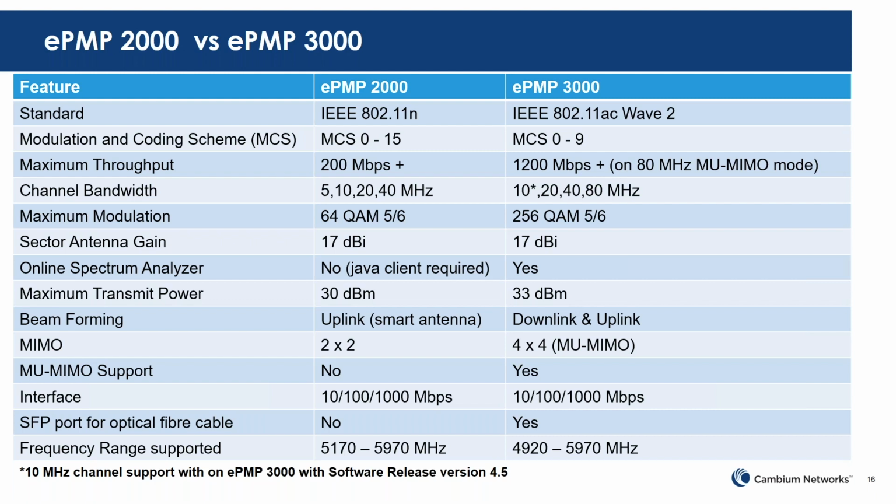In terms of throughput, you are able to achieve up to 200 for ePMP 2000, whereas you are able to achieve up to 1.2 gigabits per second for ePMP 3000.